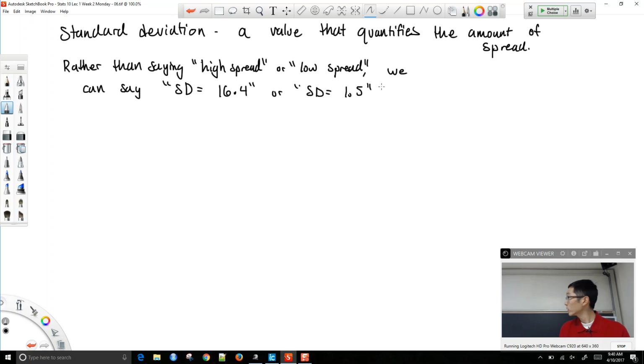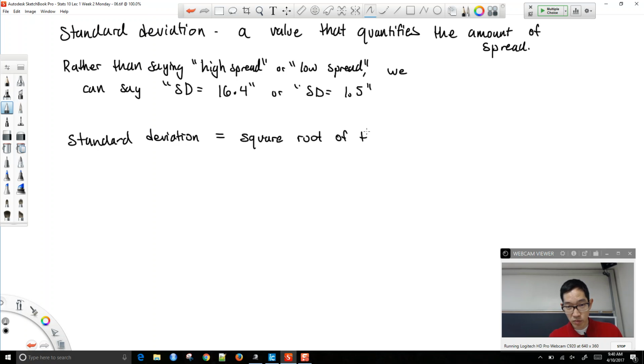Okay, and so how can we define the standard deviation? There's another concept very closely related to the standard deviation, and that is the variance. I'm going to say the standard deviation is equal to the square root of the variance.